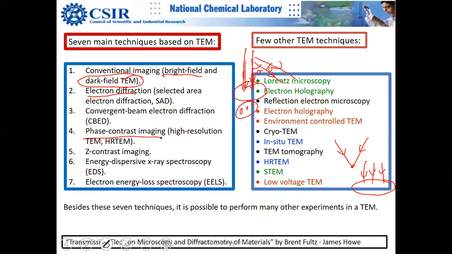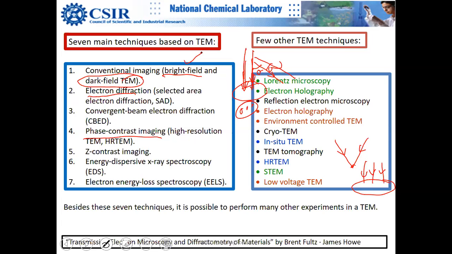This contrast imaging, this is one of the most used techniques, which we call HRTEM. It is not the same as a stressed version of bright field or dark field. Many people think that if we keep on zooming, high resolution TEM, you will get phase contrast imaging. Not at all. Very different technique. And this is basically an interference based technique.